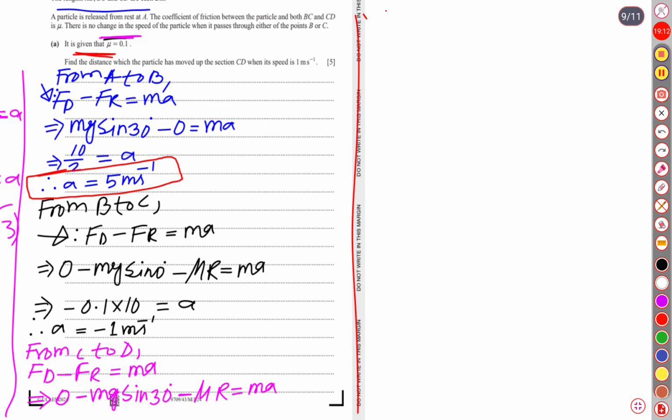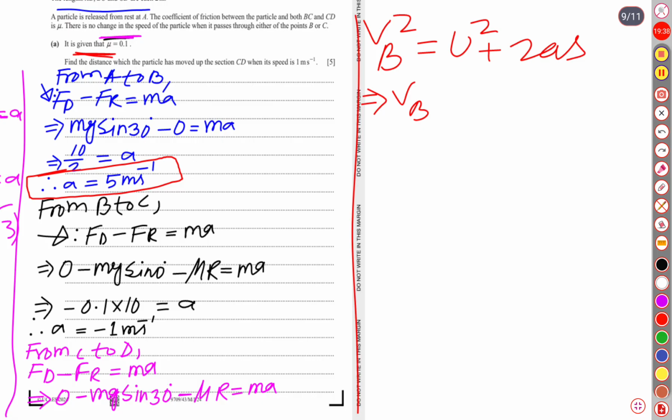How will we write? We know the formula we are going to apply is v square is equal to u square plus 2as, isn't it? So it is u square plus 2as. Okay, and velocity at B is to be obtained, so v at B is going to be square root over u square.